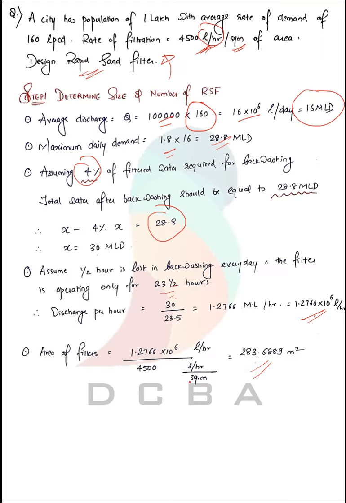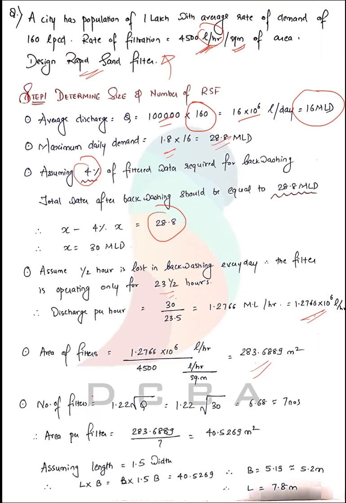Now we have one more formula which gave us the number of rapid sand filters that are required, and it is an empirical formula which is 1.22 root of Q, where Q is the discharge in million liters per day. So here you will take this discharge, 30 MLD.